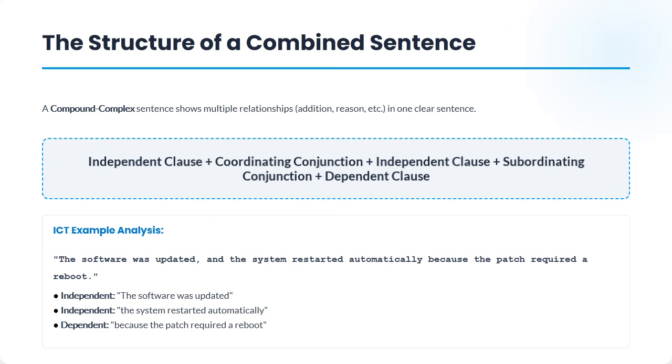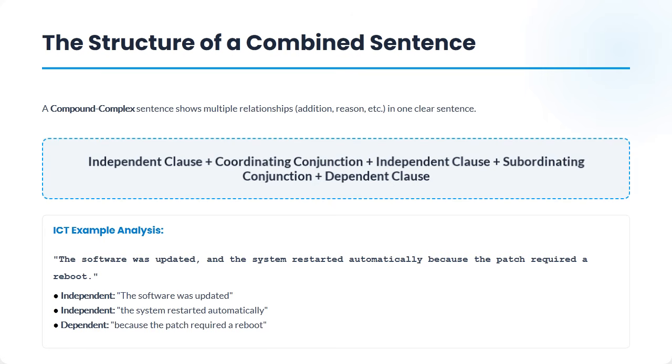Here is the rule: an independent clause plus a coordinating conjunction plus an independent clause plus a subordinating conjunction, which is part of the dependent clause. For example, the software was updated, comma, and the system restarted automatically because the patch required a reboot.